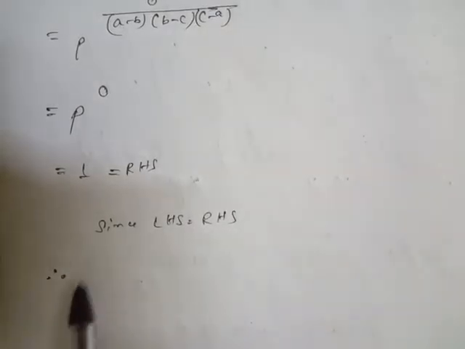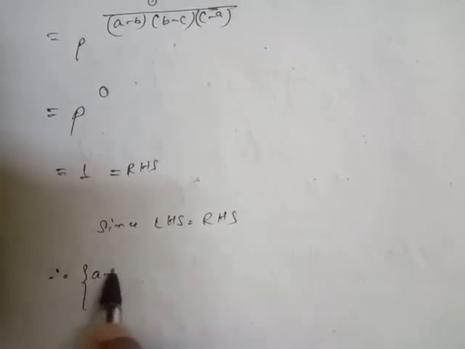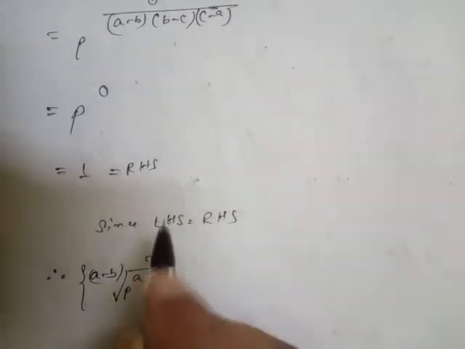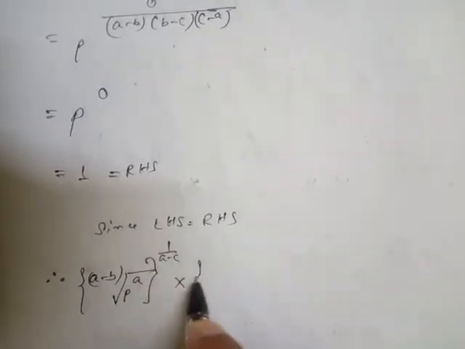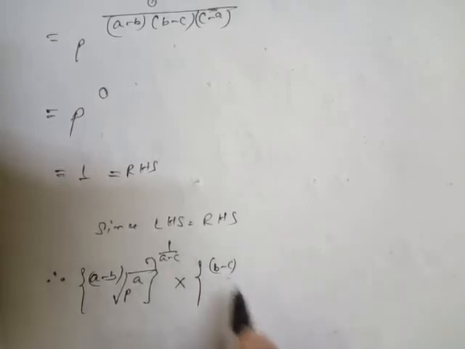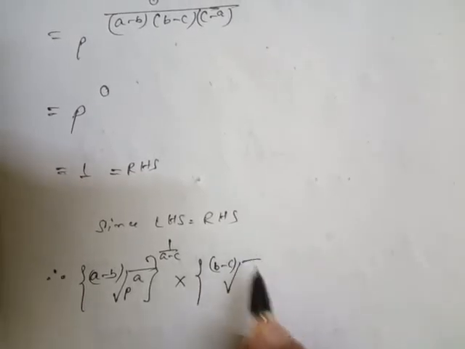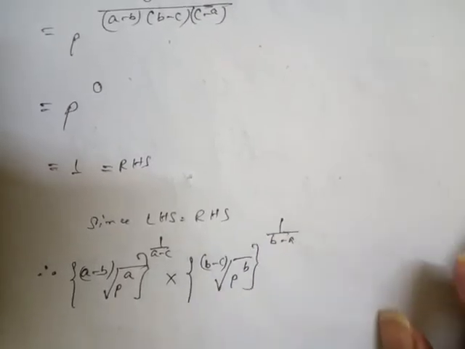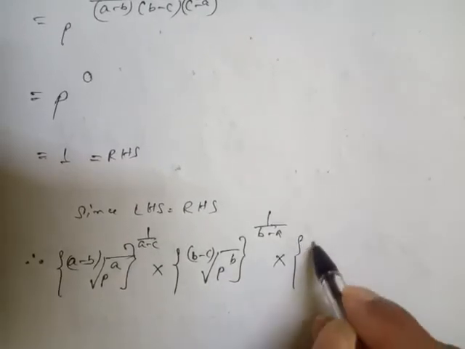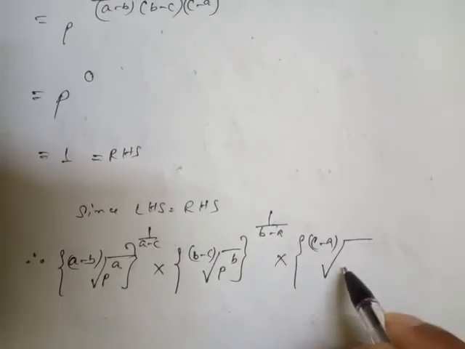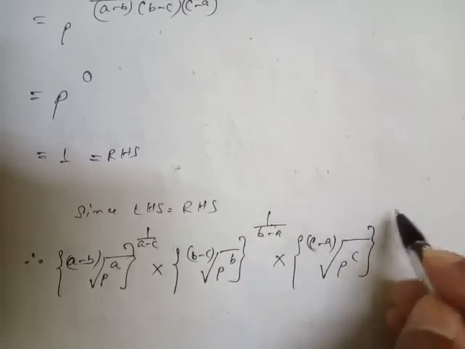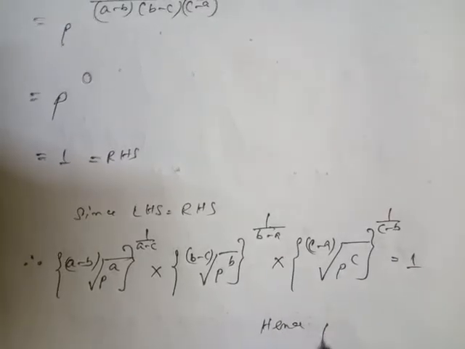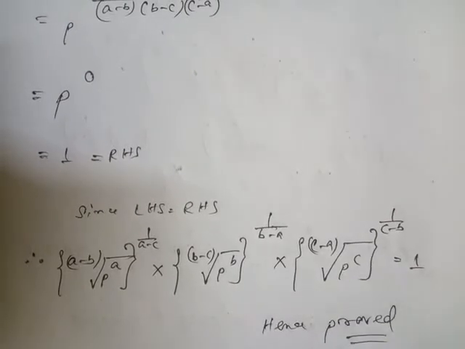Now look, here you can write the second bracket, then a minus b, p to the power a whole to the power 1 by a minus c, into next b minus c, root over p to the power b into 1 by b minus a, into then c minus a root over p to the power c, second bracket 1 by c minus b equal to 1. Hence proved or shown.